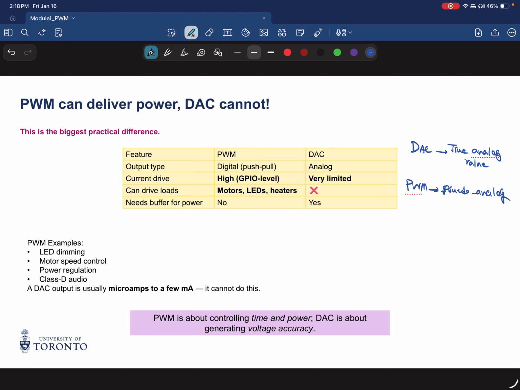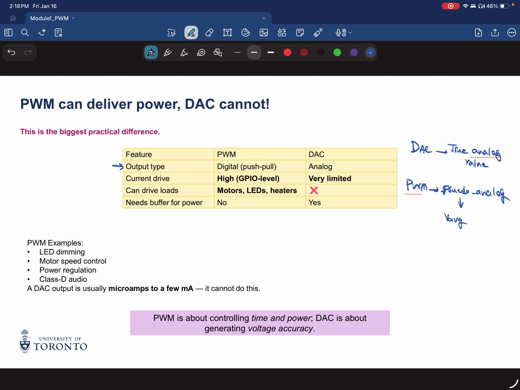In fact, it's not analog. It's a digital output that sometimes is off, sometimes is on as push-pull, and then it looks like an analog. It's actually an average voltage. Why should I rely on this one?